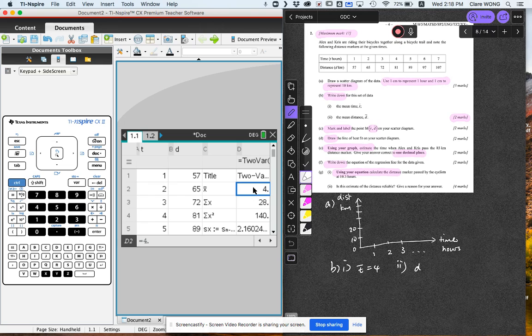Part 2, mean of d, go down, 81.11 kilometers. C, mark and label it. So you need to have a 4 about here, 81 something about higher up there. So you need to mark it, label it, M. Mark and label. So you do that.